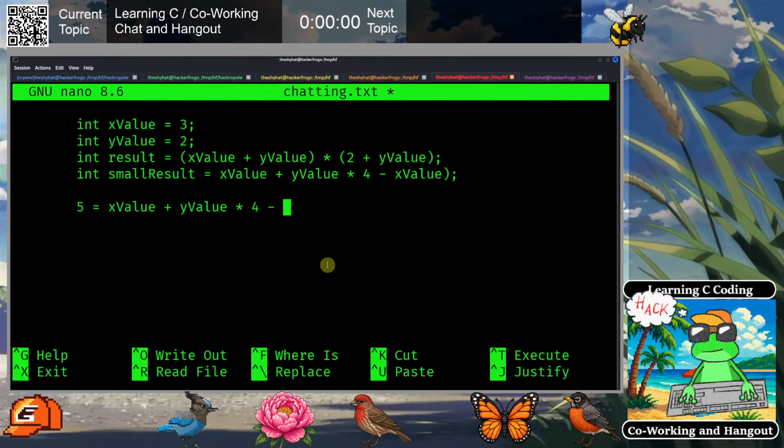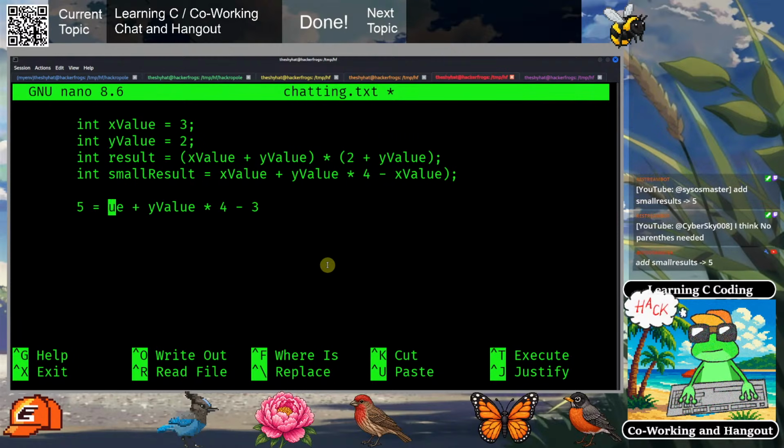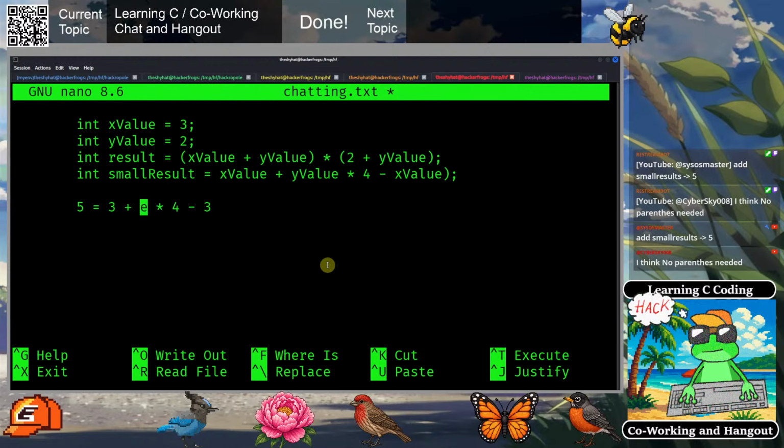So we plug in the values. x value is 3, and y value is 2. I think there are no parentheses needed. Oh, times 1. Oh, it is times 1. Jeez. Okay. So let's see.